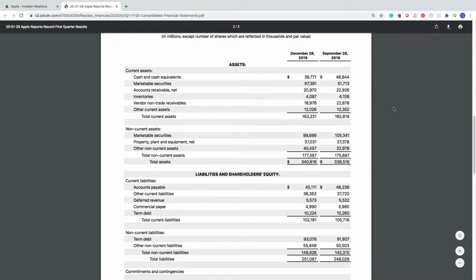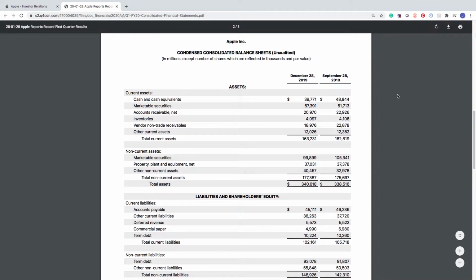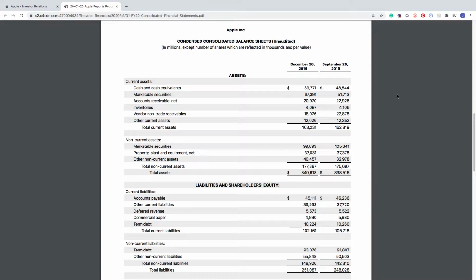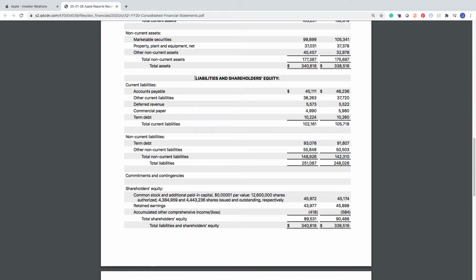So with that said, if you have a look at Apple's balance sheets, what you will see is that the company has divided this into two sections. One is assets, and the second is liabilities and shareholders' equity.